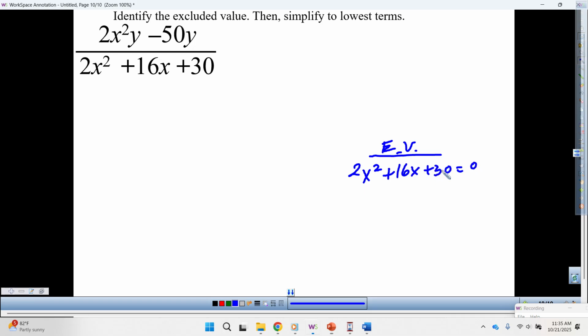Equal to 0. Okay. So, look at it. It's a trinomial. Can we do Power Rangers right now? No, because it's got a 2 right there. So, do we have a GCF? It's 2, so that leaves us with x squared plus 16 divided by 2 is 8, and 30 divided by 2 is 15. Now that equal to 0.